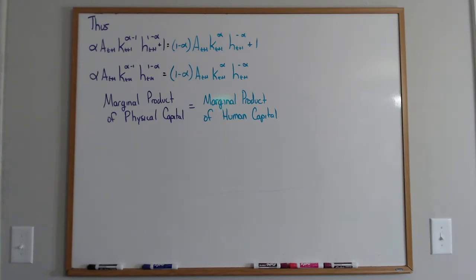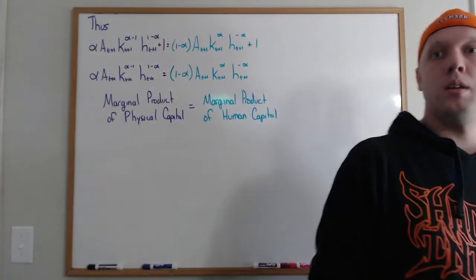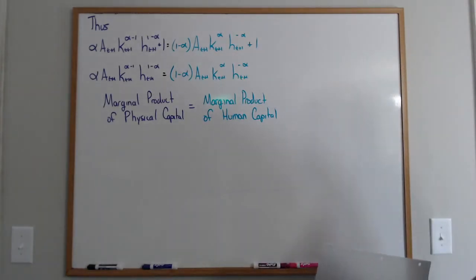So basically, it means that on the margin, when this model is in equilibrium, the amount of output generated by adding one more unit of human or physical capital is the same.